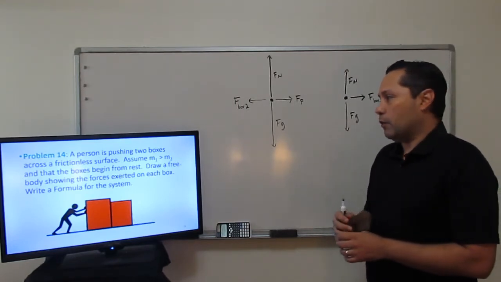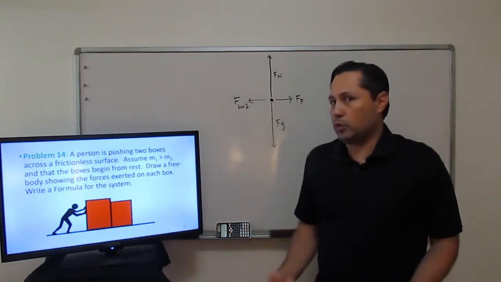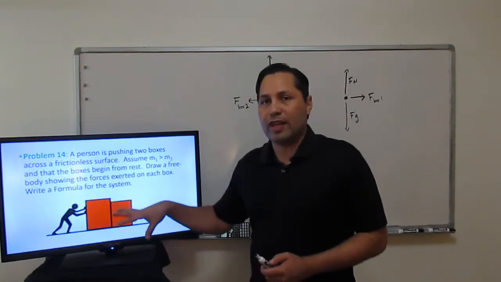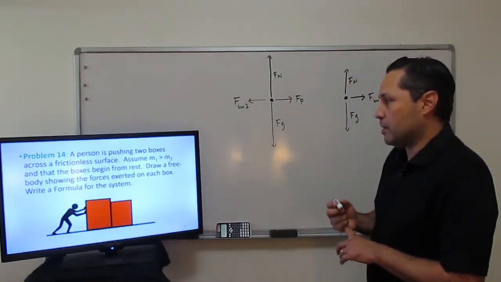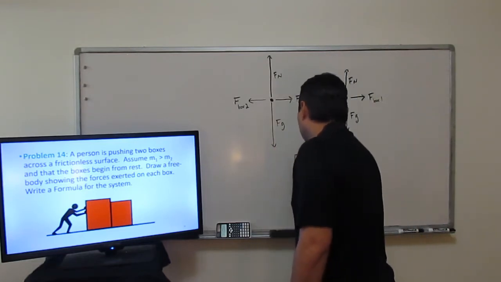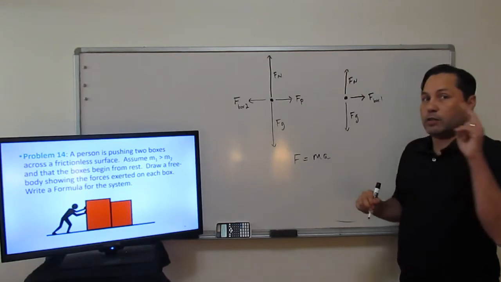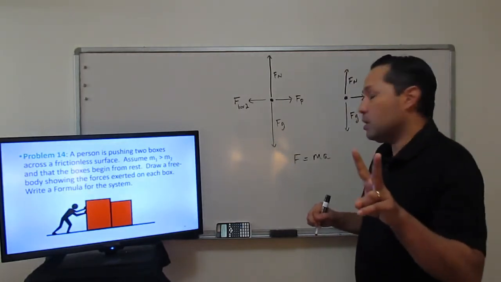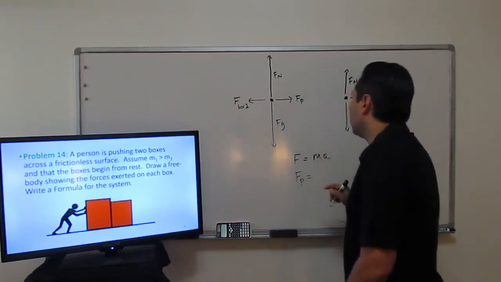Now the next question is to write a formula for the system, so that includes both of them together. How will we do that? Well, it will be force equals mass times acceleration. But for the mass, what do we put? We have 2 boxes in the system, so it will be force push, because that'll be the net force.